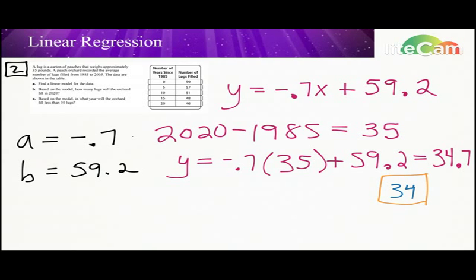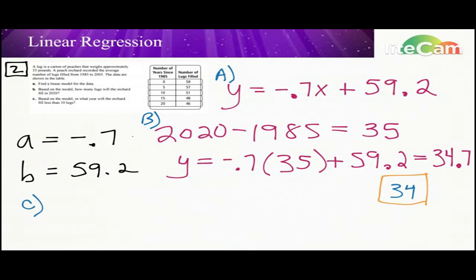Okay, all right, so for the next one, we're going to do C. So let's see, this was A right here, this was B, and now let's do C. Okay, it says based on the model, what year will the orchard fill less than 10 lugs?